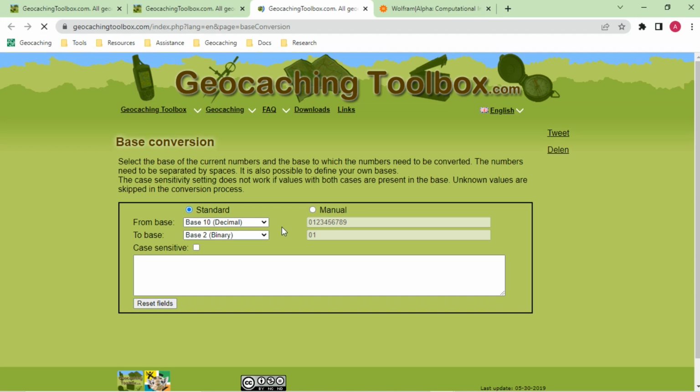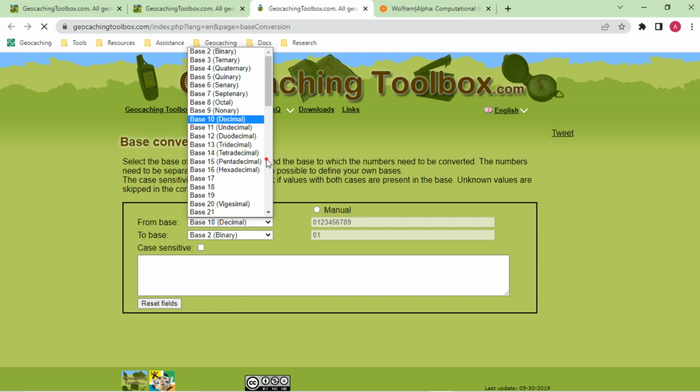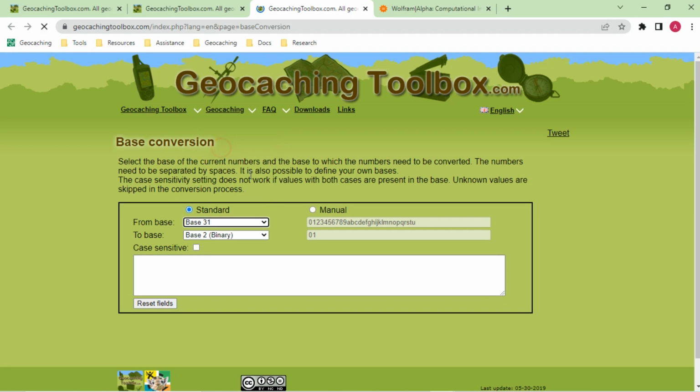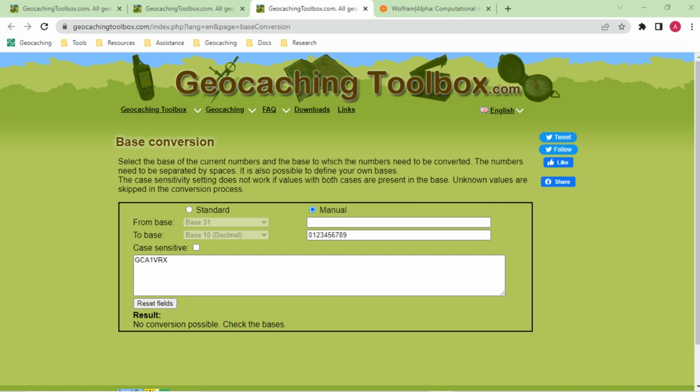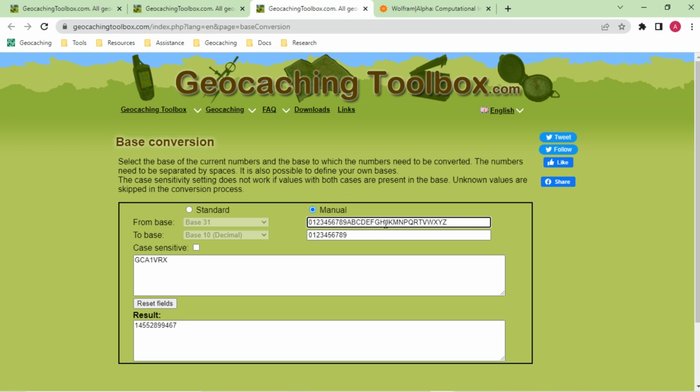We mentioned it was a base 31 conversion, so the source was base 31 and the target was base 10. But not just any base 31, it had its own little alphabet. That was the alphabet without the 5 characters. So see that right here, I removed the I, the S, and the other 3.